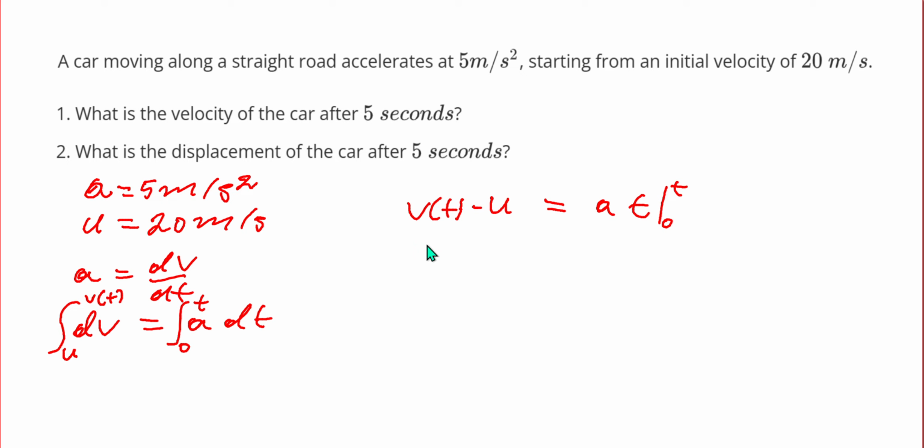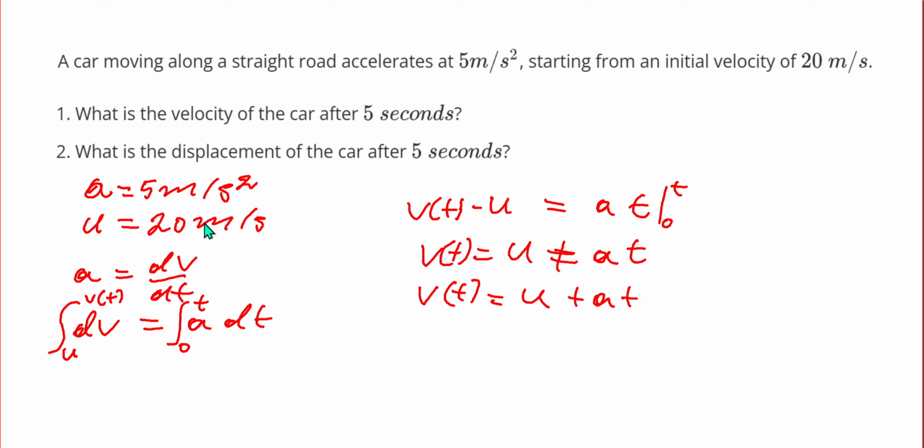So let us substitute the value: a times t minus 0, which is simply at. So the result will be v of t is equal to u plus at.